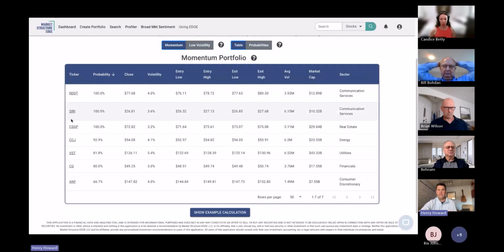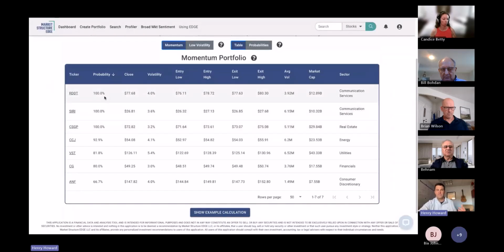So Reddit, Siri, all of these in the last 90 days, when they had these conditions, the price went up. Those are high probabilities, and like Tim always says, past results are not a guarantee of future results. But we do know those probabilities are high.